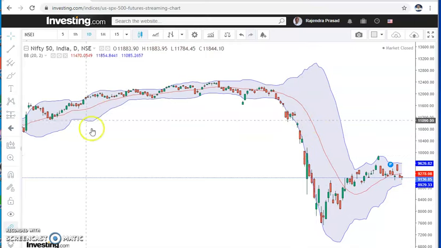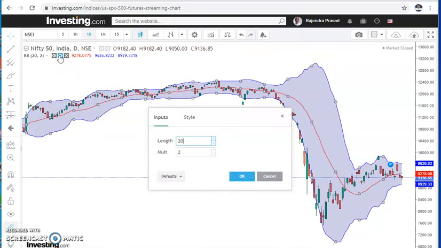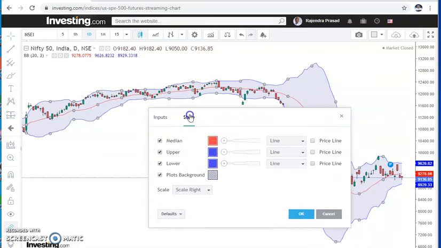So I am modifying these settings. Very simple. I am not changing the length, that is the 20 period, and I am just removing the median, that is the 20 period moving average.